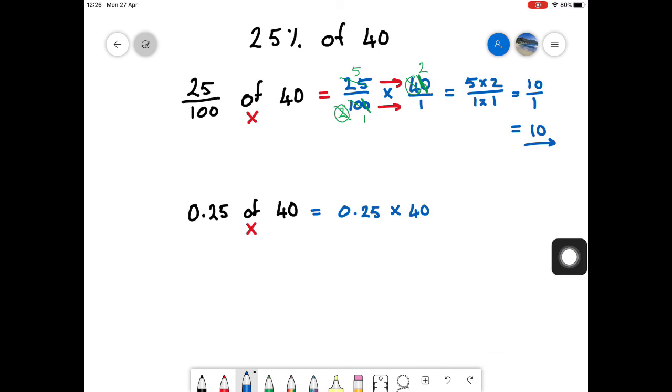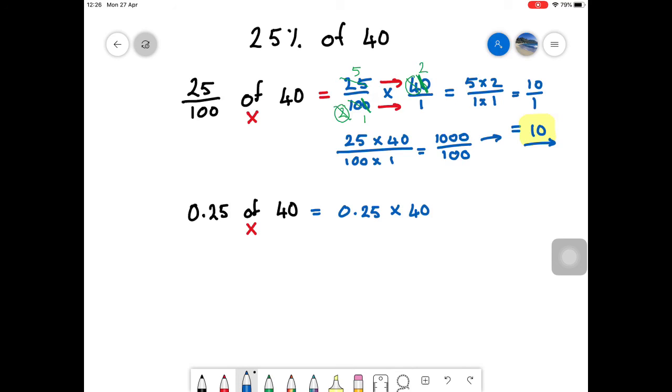If I don't want to simplify, I'm just going to end up with 25 times 40 on the top and 100 times 1 on the bottom, which is 1000 over 100, and 1000 divided by 100 is still 10. Same solution, different way of approaching it.